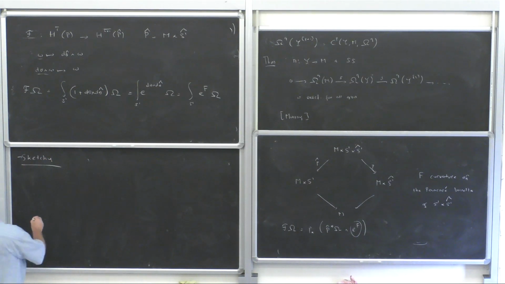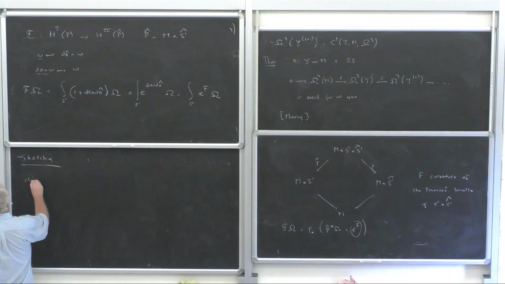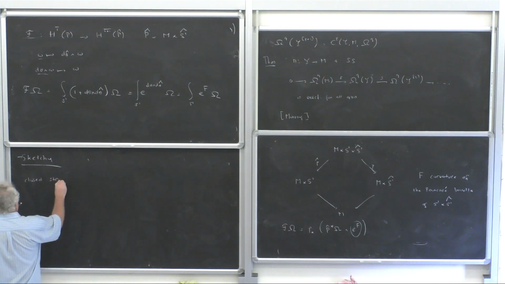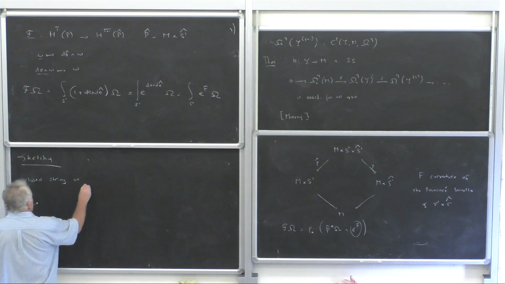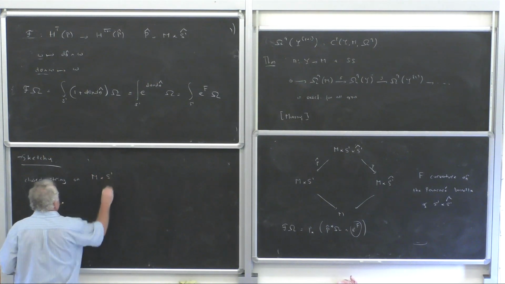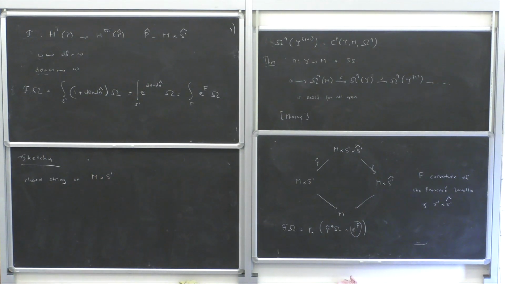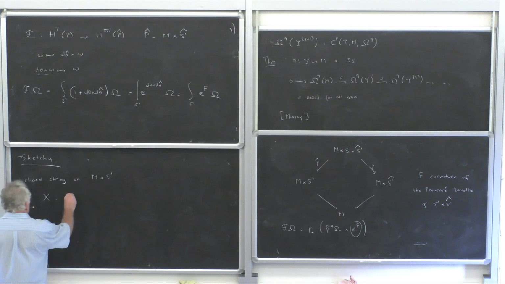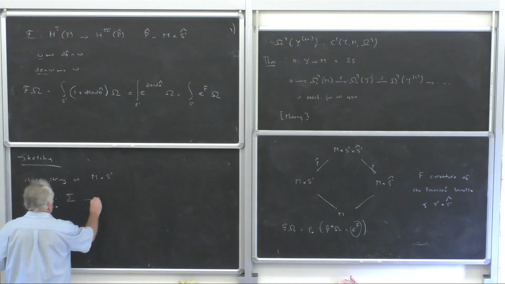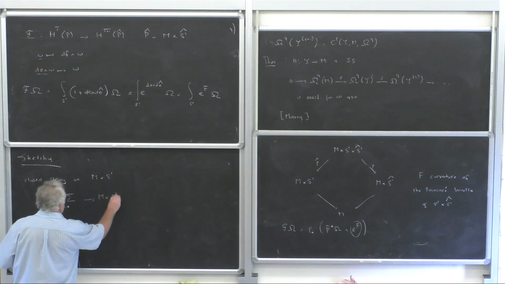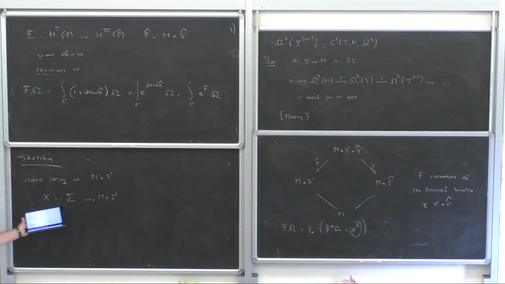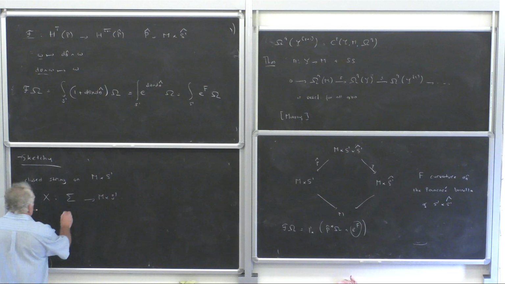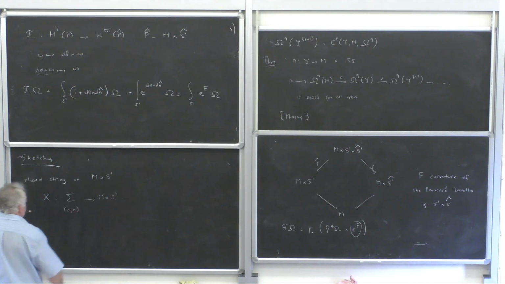Let's take a closed string on, say, M cross S1. That's in particular described by a map from the string worldsheet to M cross S1. M cross S1 is my space-time. This is my worldsheet. The worldsheet is parameterized, say, by sigma and tau.